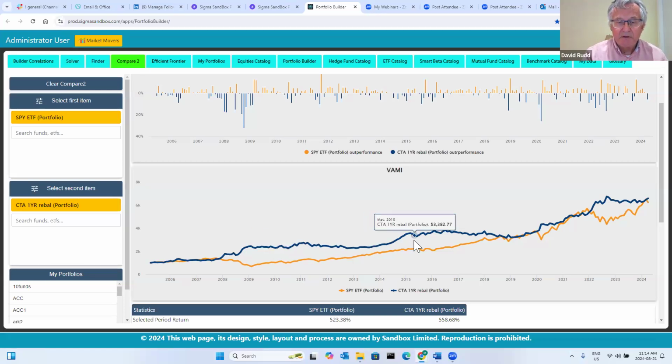Again, they're not negatively correlated, but there are definitely periods of negative correlations that are most pronounced during periods of equity market stress, right? Whenever you have them. Sure.